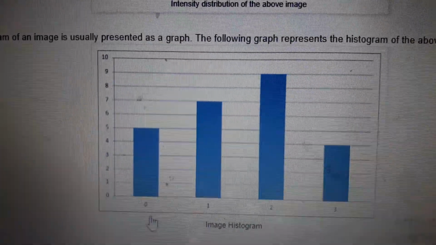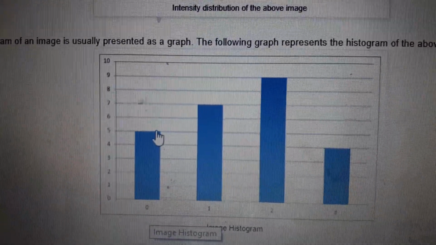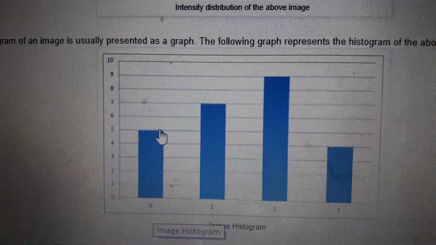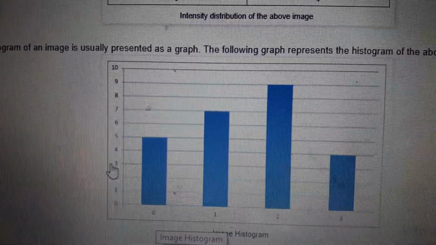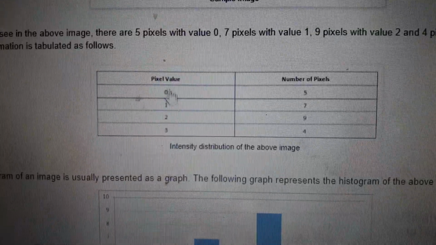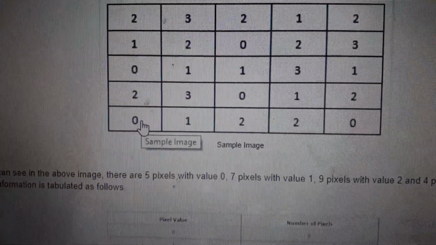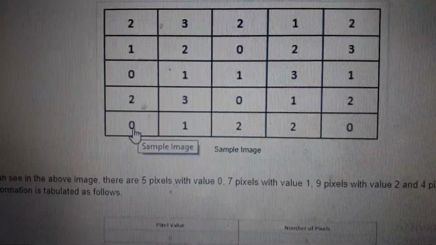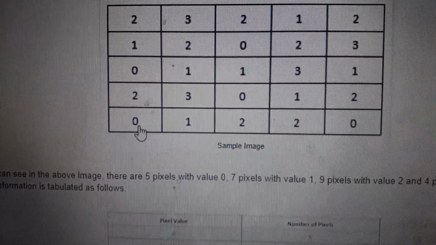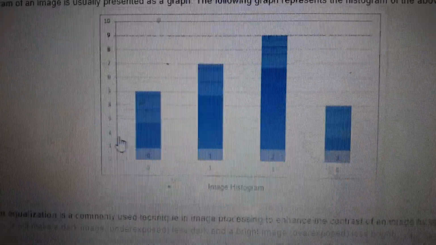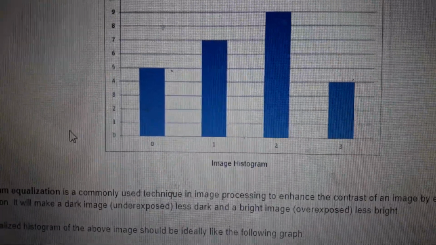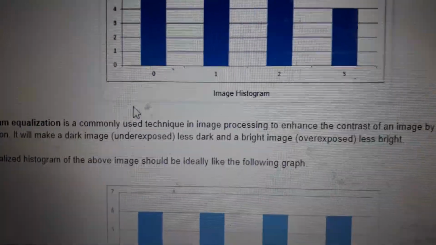So we have 5, and now we are increasing to the next level. Then the pixels with very low density and low visualization will have their value increased, and as the value increases, it will appear as a clear picture.